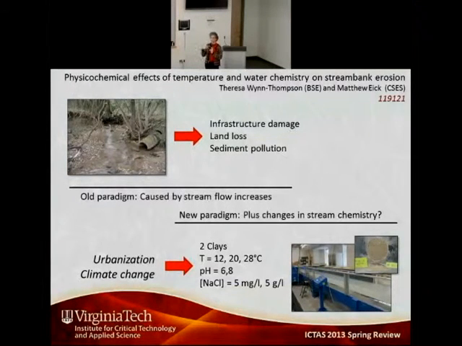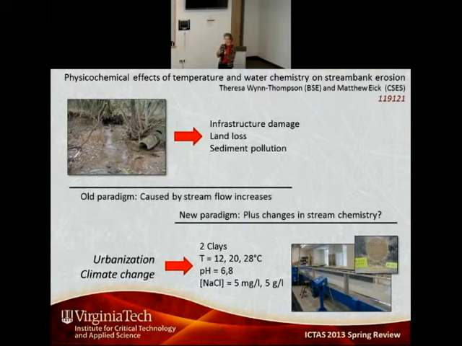Okay? And so the question is, in prior research, we've noted that erosion rates increase with increasing water temperature. Okay? And this makes sense if the strength of the soil is a surface chemistry effect. As you increase temperature, you're going to start to spread those molecules farther apart. Okay? So that makes sense.